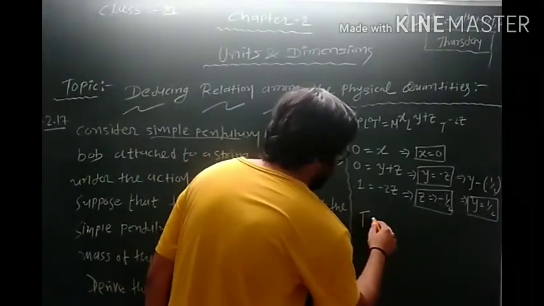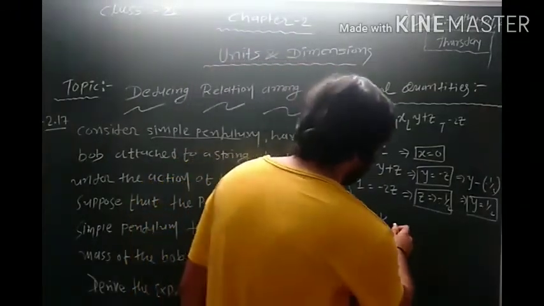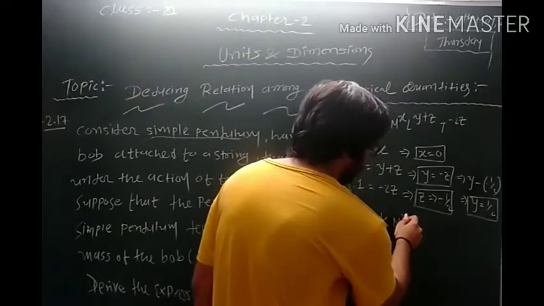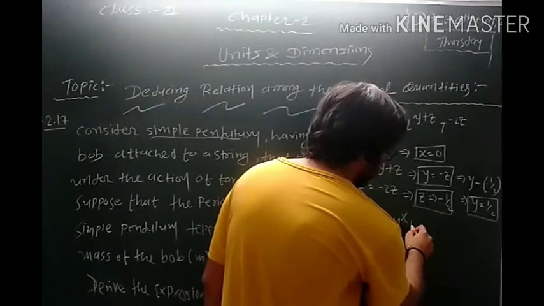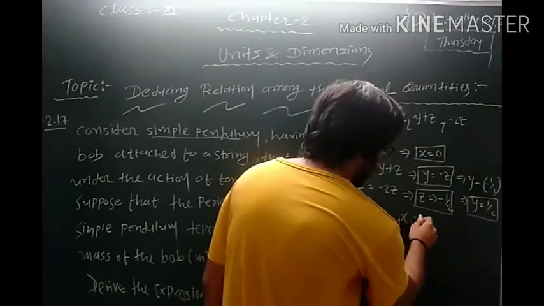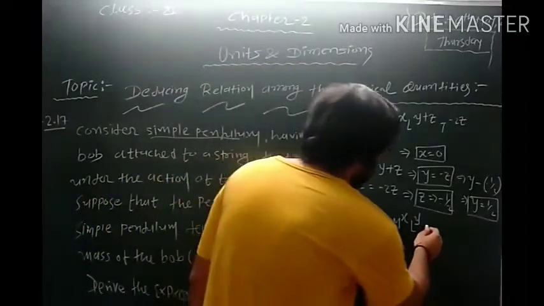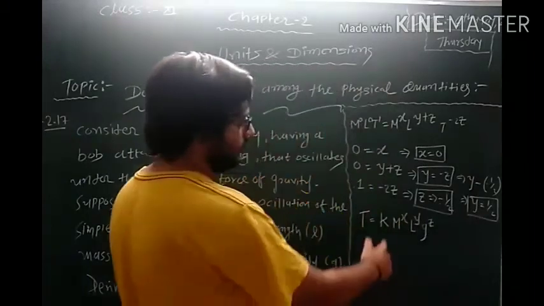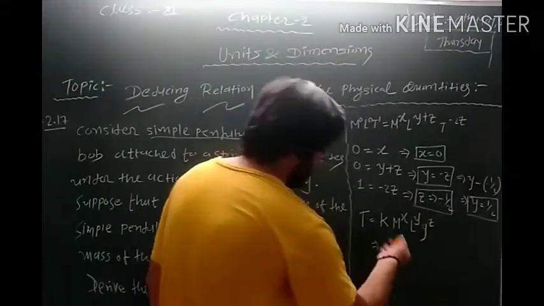T is proportional to the dimensionless constant, then the mass of the bob raised to x, the length of the bob L raised to y, and the acceleration due to gravity g raised to z.